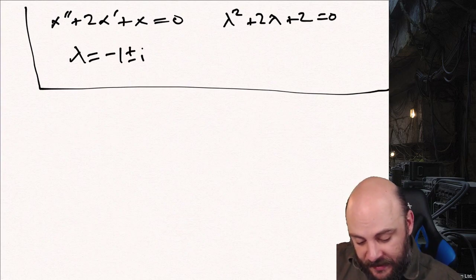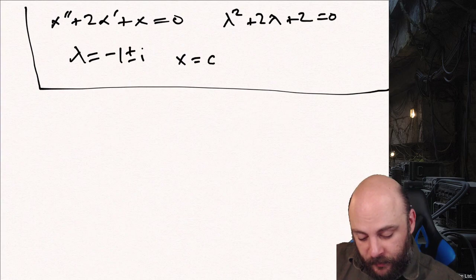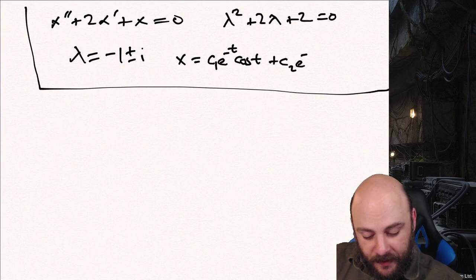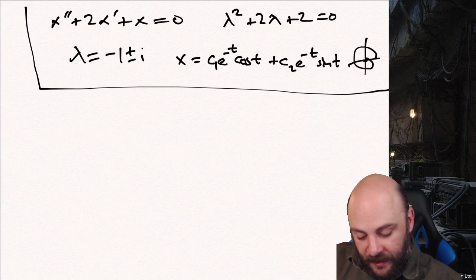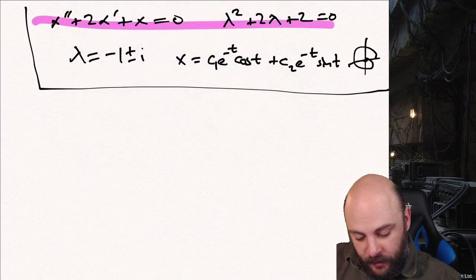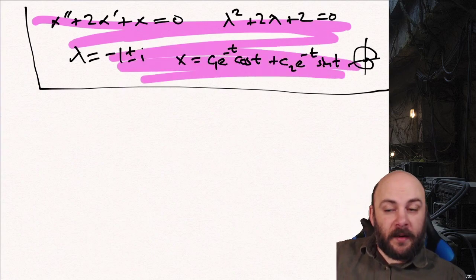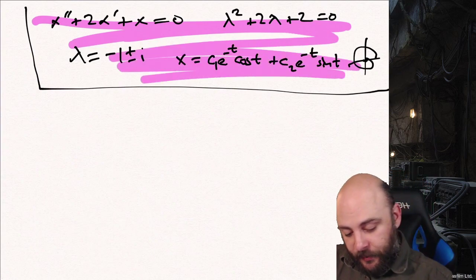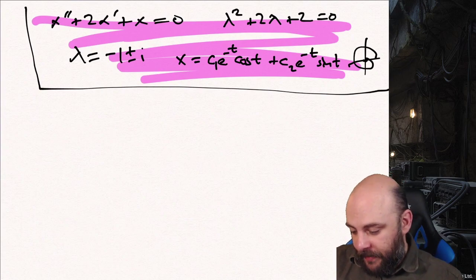Which means I know my solution for x would equal c1 e to the minus t cosine t plus c2 e to the minus t sine t, and I would get some spiraling decay inward. I would be, in other words, in the pink case. But this is a sidebar. This is not the problem as stated. So here's the problem as stated.